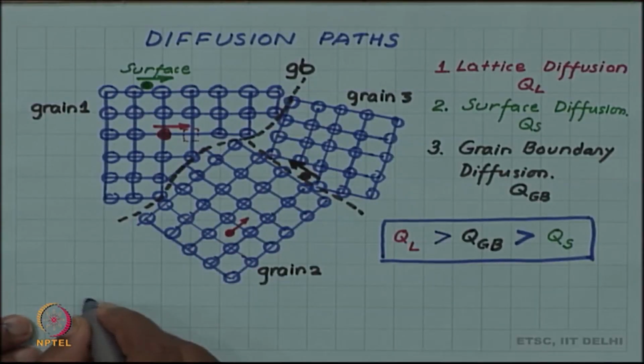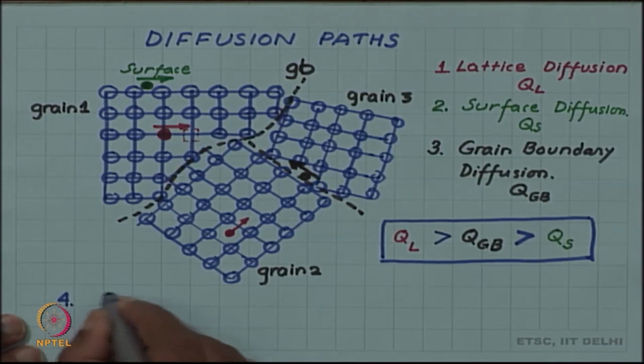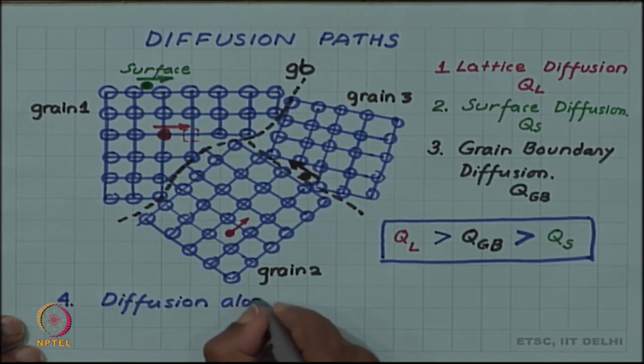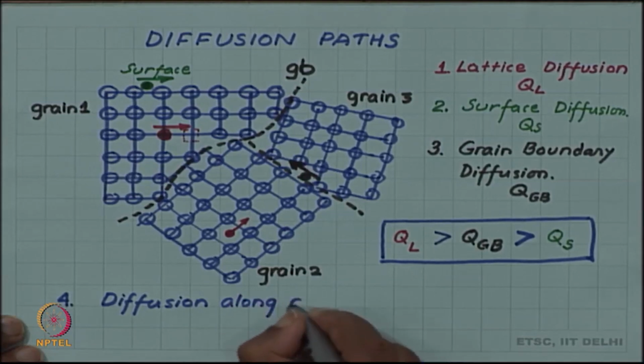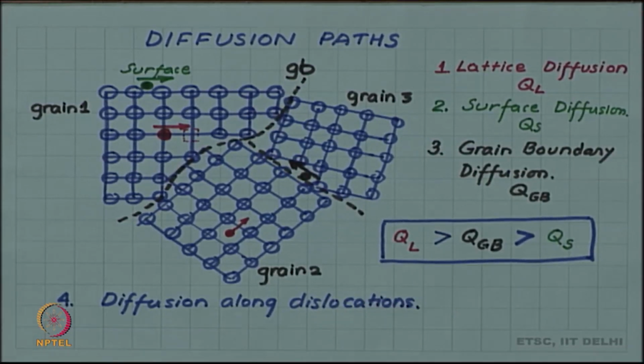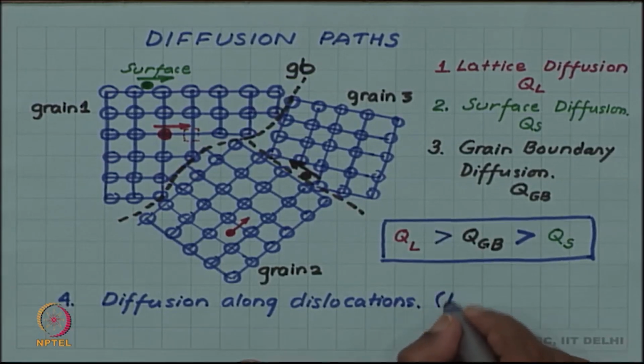I have not shown it in this diagram, but we can note it as the fourth mechanism: diffusion along dislocations. Sometimes this is called pipe diffusion.